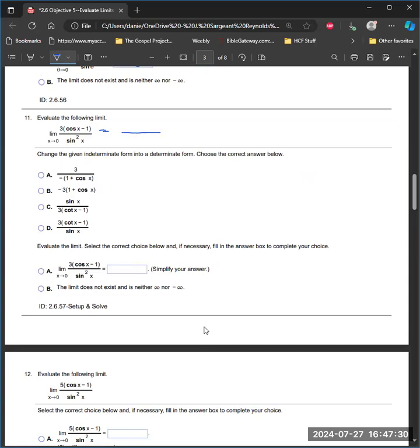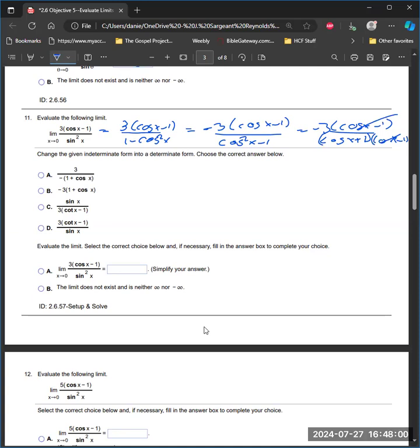This is 1 minus cosine squared x, 3 cosine x minus 1. So that's a -3 times cosine x minus 1 over cosine squared x minus 1. -3 cosine x minus 1, cosine x plus 1, cosine x minus 1 is going to be -3 over 1 plus 1.